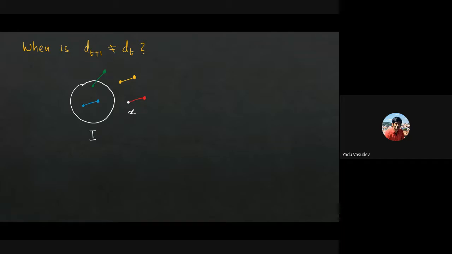So let's try to understand when dt plus 1 and dt are going to be different. Now I have just drawn this: I is the set xt, and I union x is yt, and I've drawn the different edges that are present in this graph. There could be an edge that is present inside I, which is between two vertices in I. There could be an edge between a vertex in I and a vertex outside I, which is different from x.